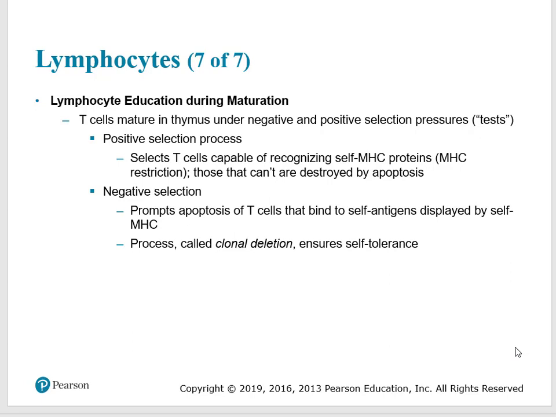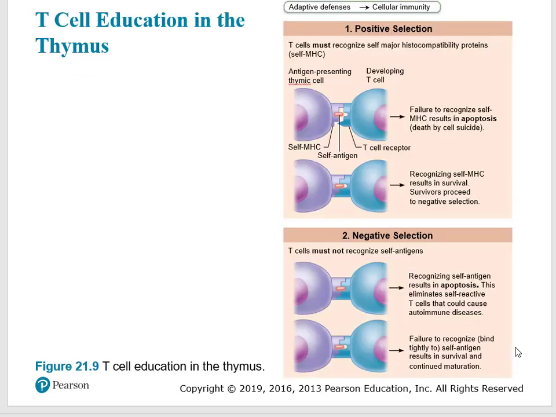Once the lymphocytes are formed, there is education during maturation. How do you know that you have the perfect type of lymphocytes that have been multiplied? It's through positive and negative selection in our process. Positive selection, in this picture, shows exactly how, if you fail to recognize the self-antigens, then you'll be killed off.